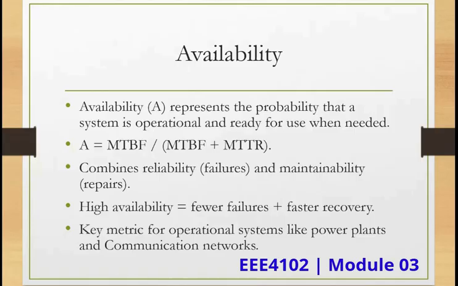In case there is any malfunctioning, we expect it to be restored in the shortest time possible so that they can run again, because it affects a lot. Imagine if the communication network is off for days, how it would affect things.